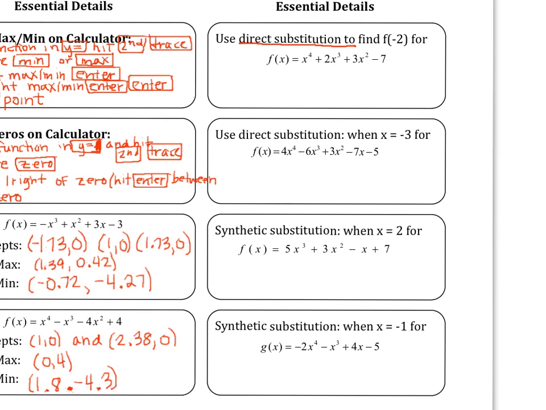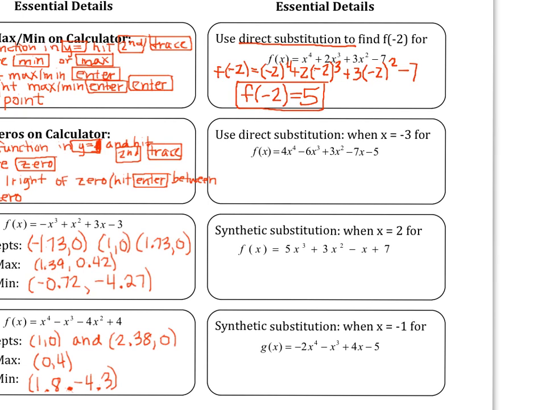So I'm going to say f of negative 2 equals negative 2 with parentheses to the 4th power plus 2 times negative 2 with parentheses to the 3rd power plus 3 times, again, negative 2 with parentheses to the 2nd power minus 7. And if you put that all into your calculator, you'll find that f of negative 2 equals 5.